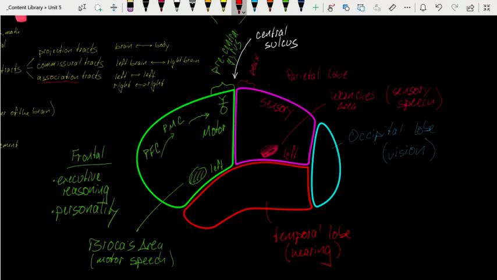We talked about these association tracts. These don't cross, but they help communicate areas on the same side of the brain. For example, for sensory, I've got a primary cortex, and this would allow me to reach a hand blindly into a bag and feel what's in there.